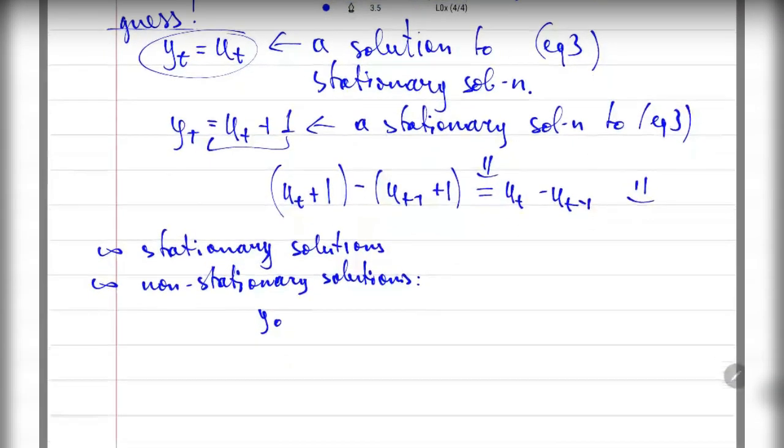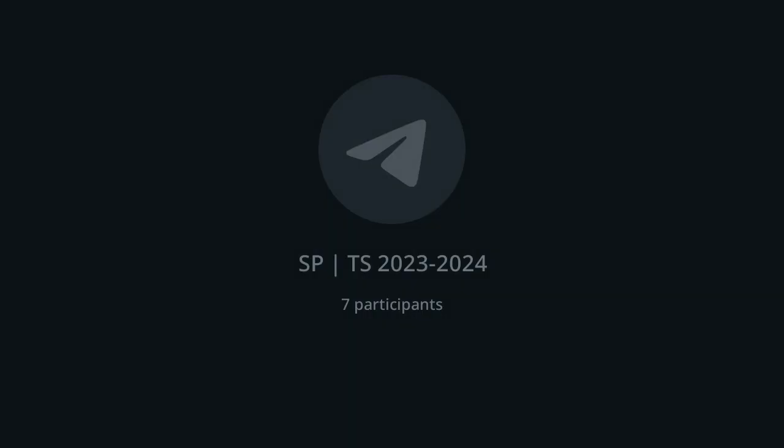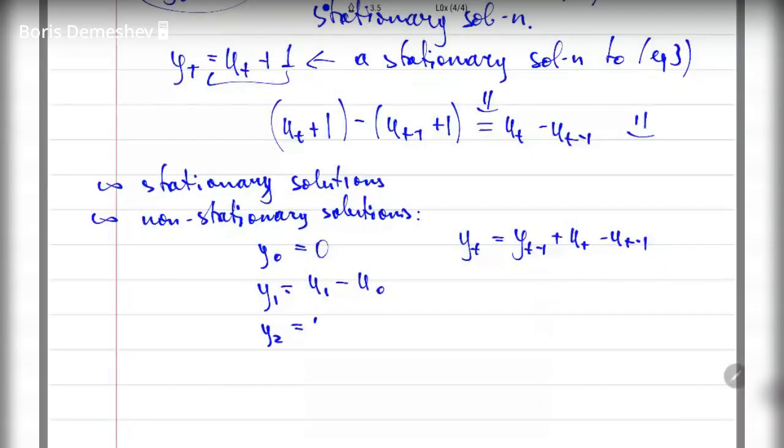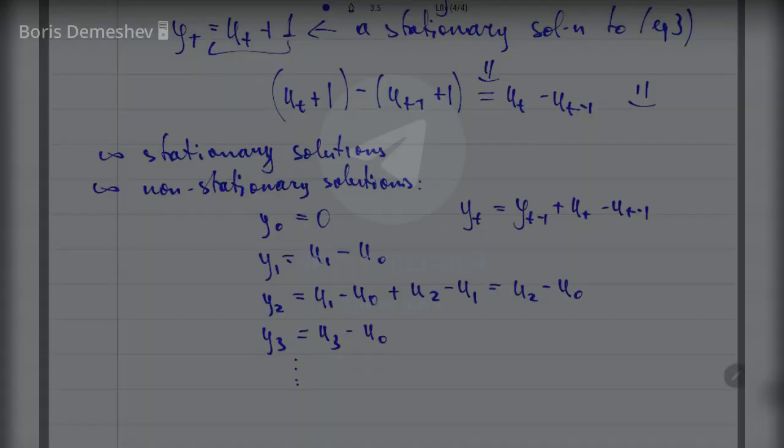For example, if you take, as advised, y_0 equal to 0, then according to this equation, y_t is y_{t-1} plus u_t minus u_{t-1}. y_1 will be equal to u_1 minus u_0. y_2 will be y_1 minus u_0 plus u_2 minus u_1, which is u_2 minus u_0. y_3 will be equal to u_3 minus u_0, and so on. And this solution is non-stationary.